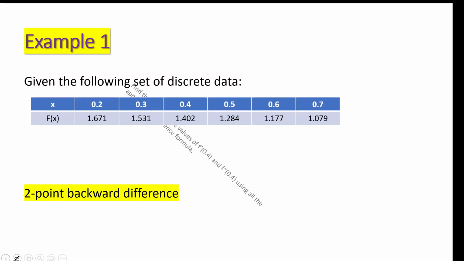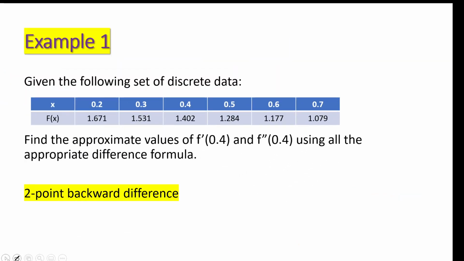And then similarly for 2-point backward. This is f(x), and this is f(x-h). So quickly, 2-point backward means you have 1.402 minus 1.531 divided by 0.1. This is the 2-point backward difference formula.